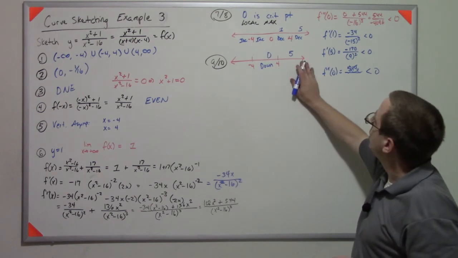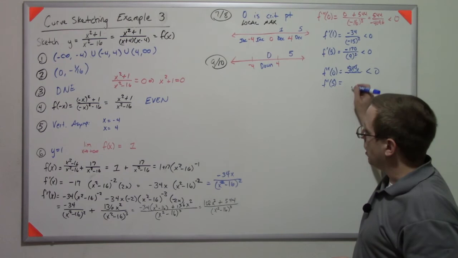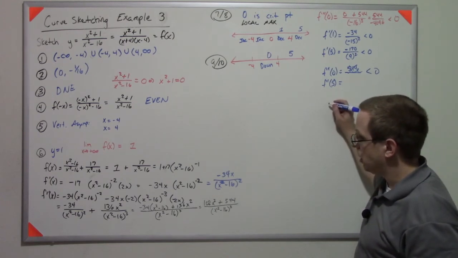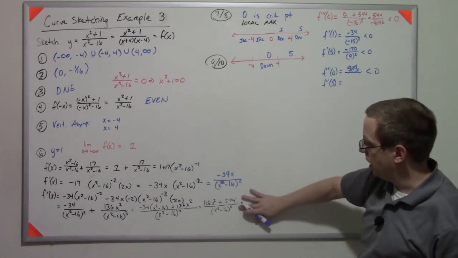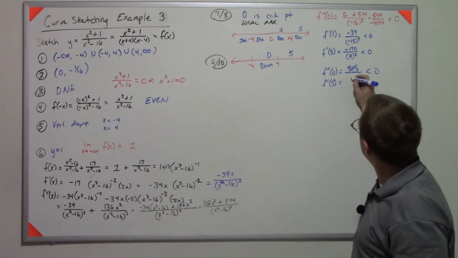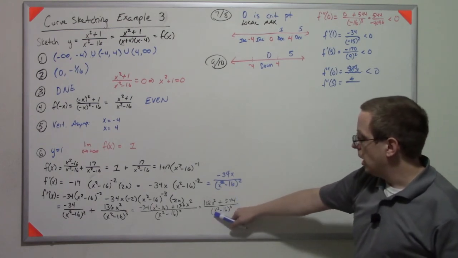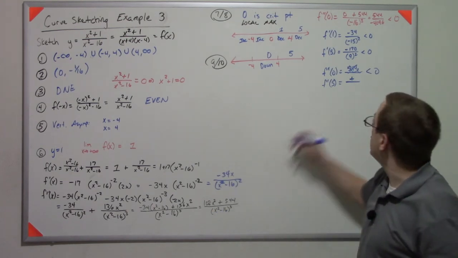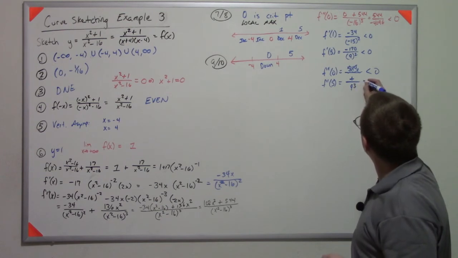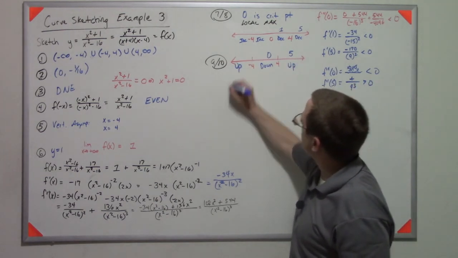And then f double prime at 5 is this bad boy. It's huge. It's some sort of positive number on top. And then that's 25 minus 16, so that's 9 cubed. So that's greater than 0, so that's concave up.